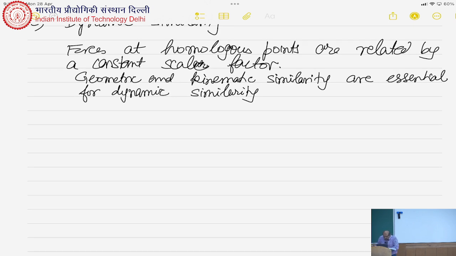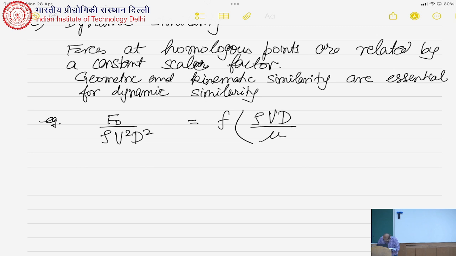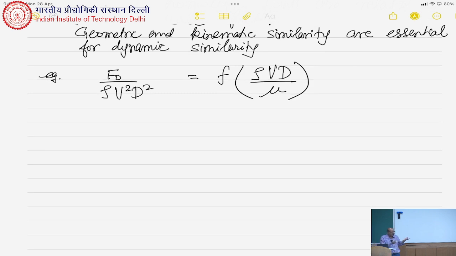And so now as an example, we see the drag force divided by rho v square d square was a function of rho v d upon mu. This we saw in the example, we got this dimensional relationship. So now suppose we have a model and a prototype.